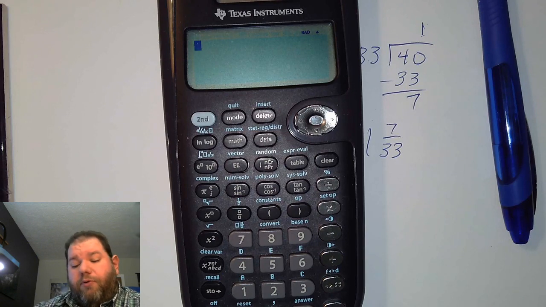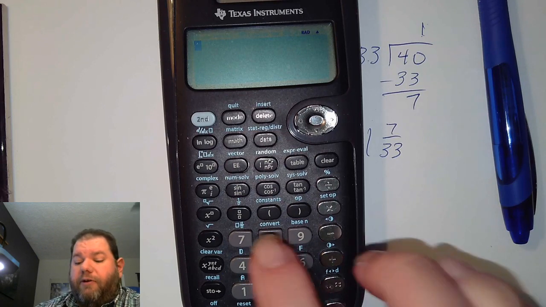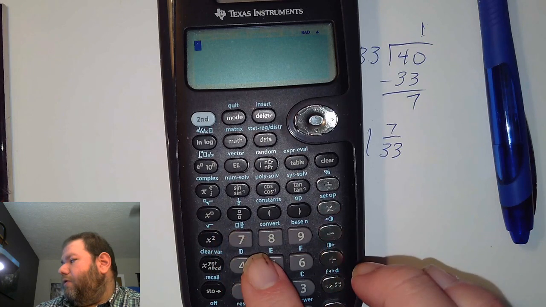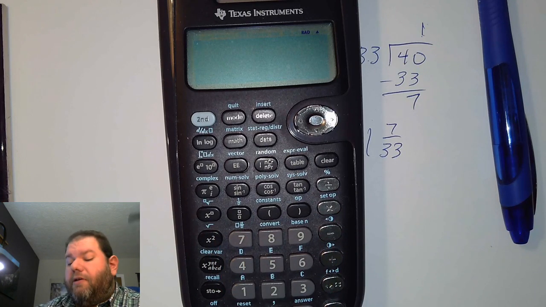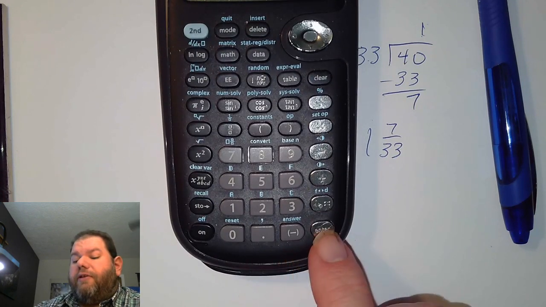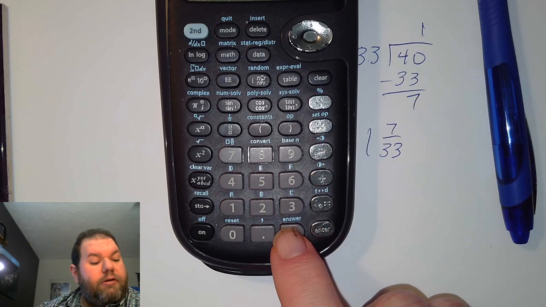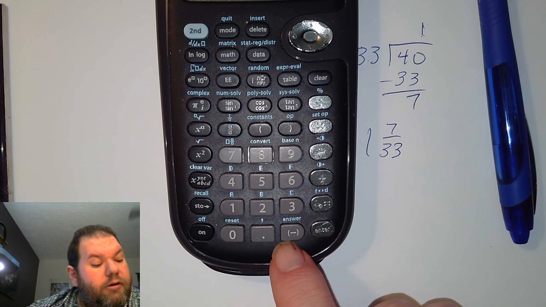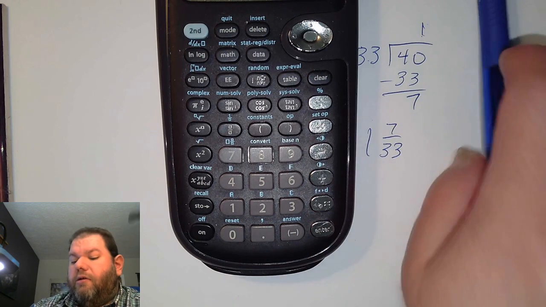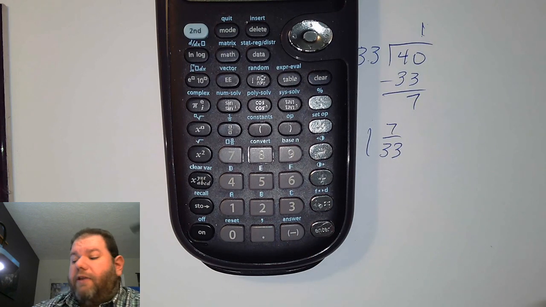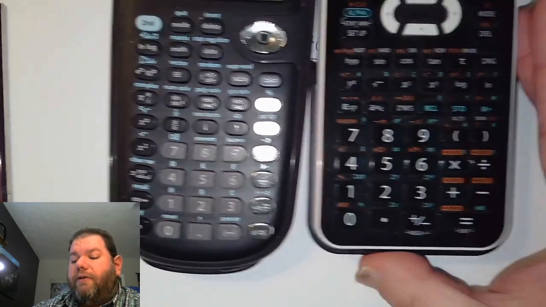So if we wanted to calculate something first, let's say we did, you're not seeing that ANS button? Usually it's above one of these buttons down here. It says answer or ANS.